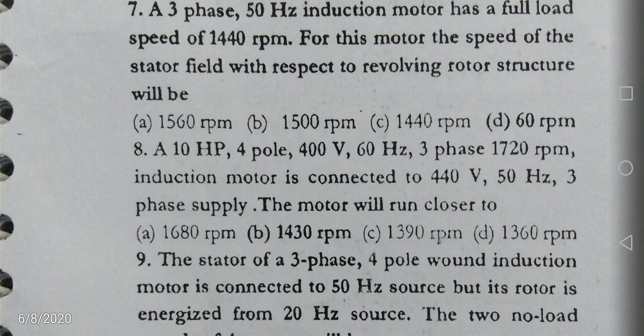Option B is 1430 rpm, option C is 1390 rpm, and option D is 1360 rpm. So in that, option B is correct.